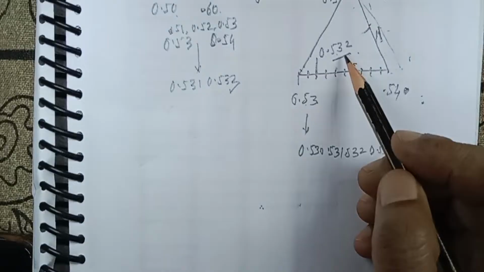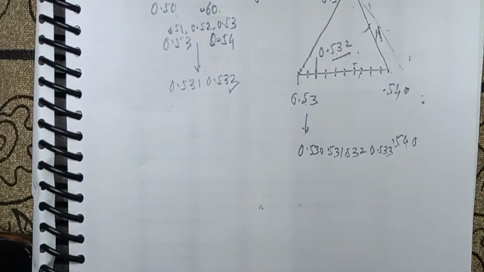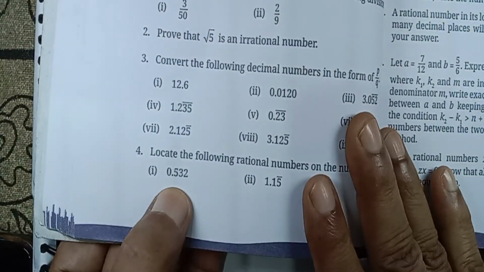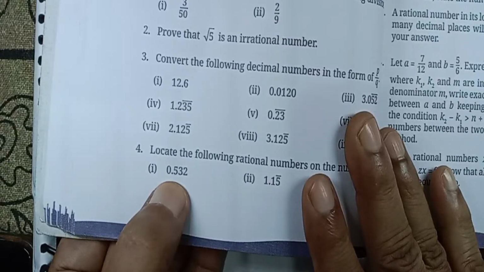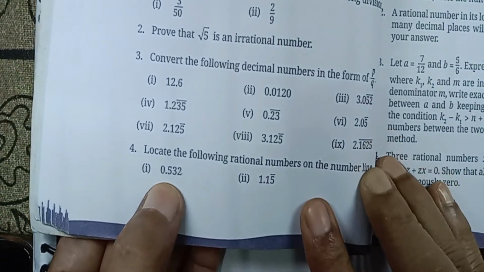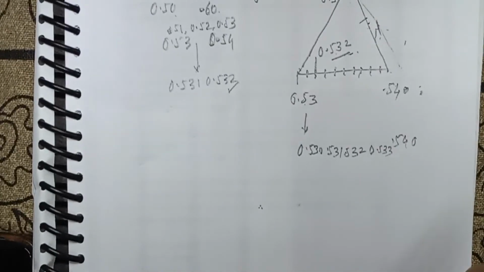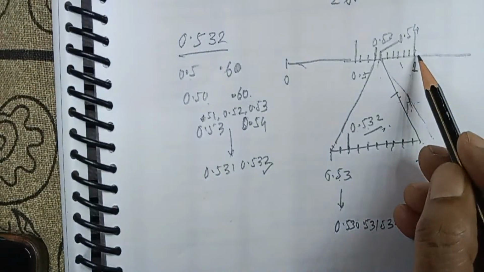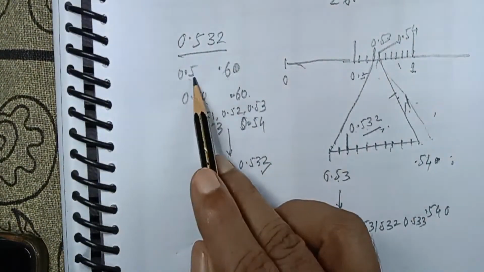0.532. Okay, this one is 0.532. Okay, so 0.532 will be between 0.5 and 0.6.